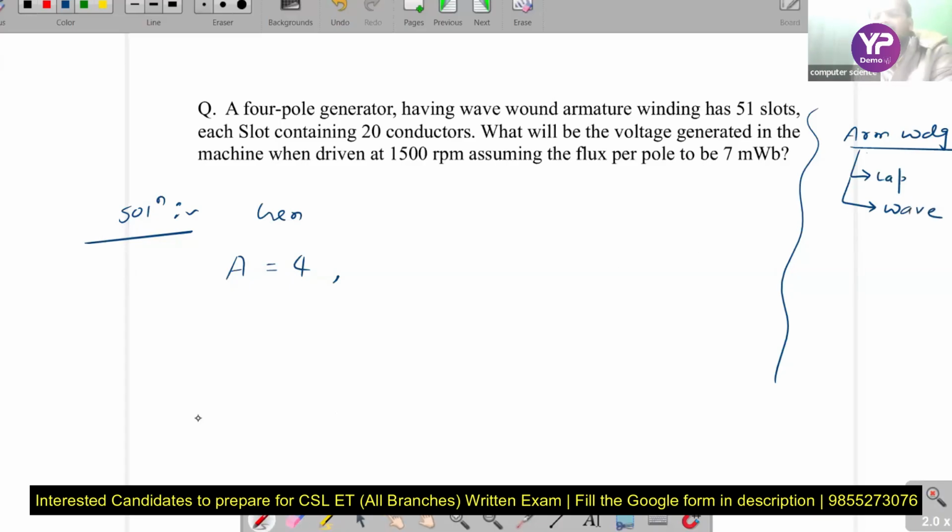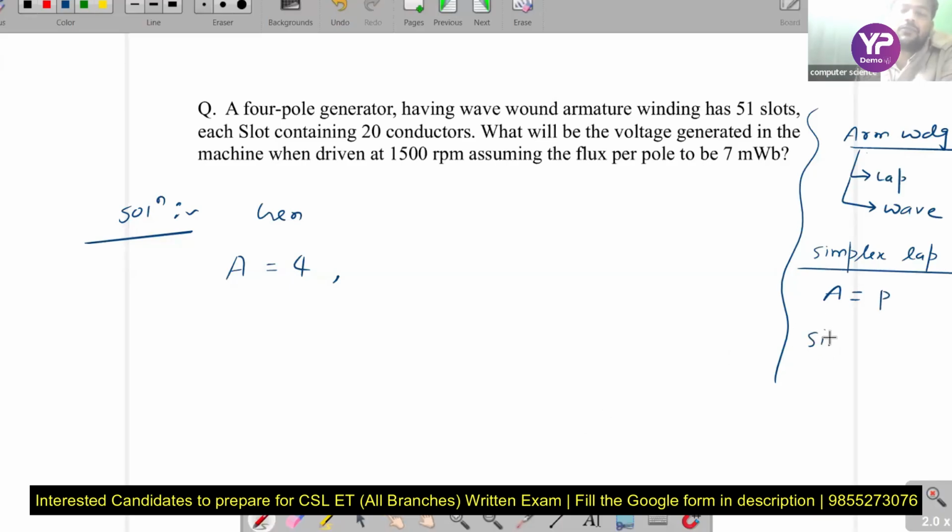Generally, according to your level of question, the winding is taken as simplex lap or simplex wave. If the winding is simplex lap, the number of parallel paths in the armature winding is equal to the number of poles.